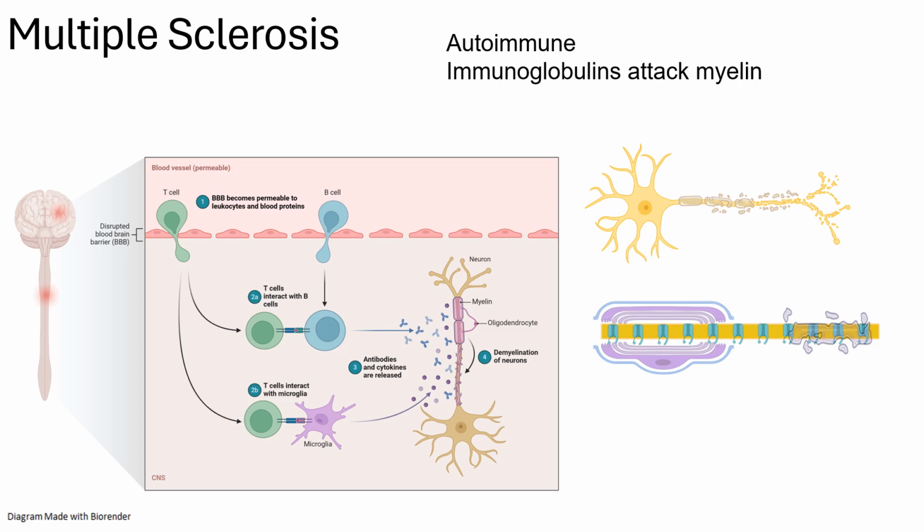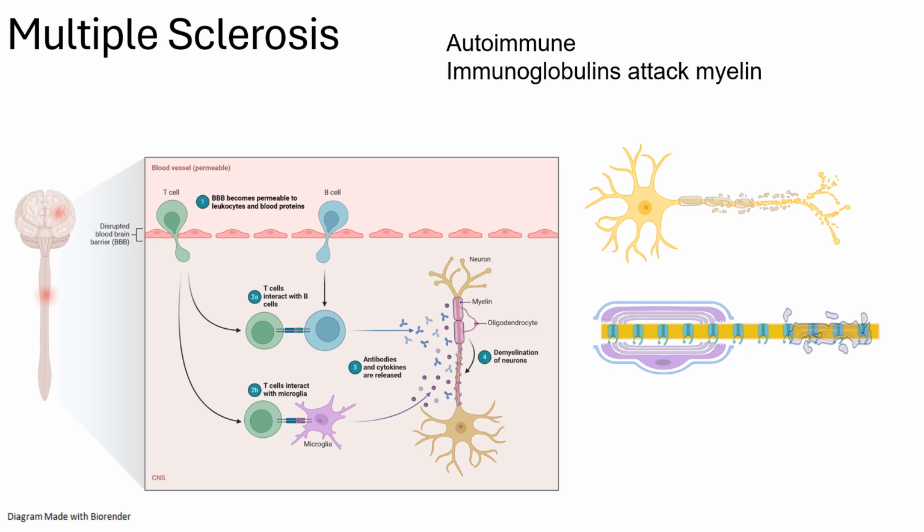And this is what accounts for the inability to activate muscles, especially some of the symptoms that are early onset of multiple sclerosis. MS usually attacks some of the cranial nerves first, leading to a loss of vision or a loss of hearing as some of those first symptoms. These cranial nerves, although small, are myelinated.